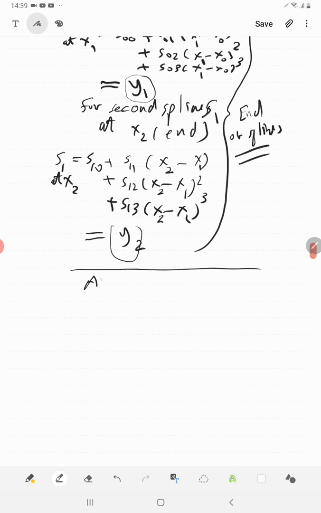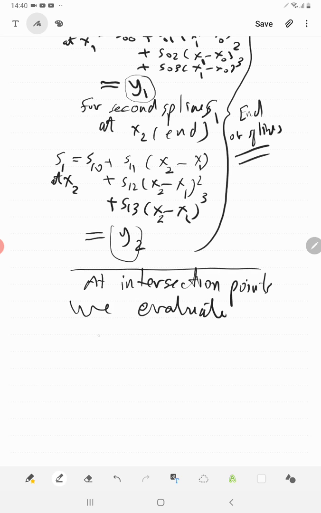At the intersection points, we evaluate dS0/dx at x1, and dS1/dx also evaluated at x1.